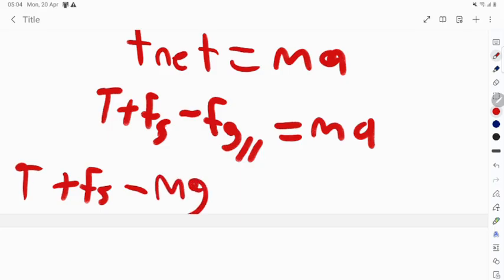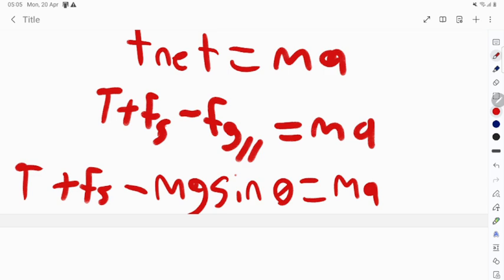MG. And because it's parallel, it's FG parallel. If it was FG perpendicular, it would be FG cos of theta. But now it's FG parallel. So FG parallel, that's MG sine of theta, theta being the angle, the angle that forms the incline, is equal to MA.